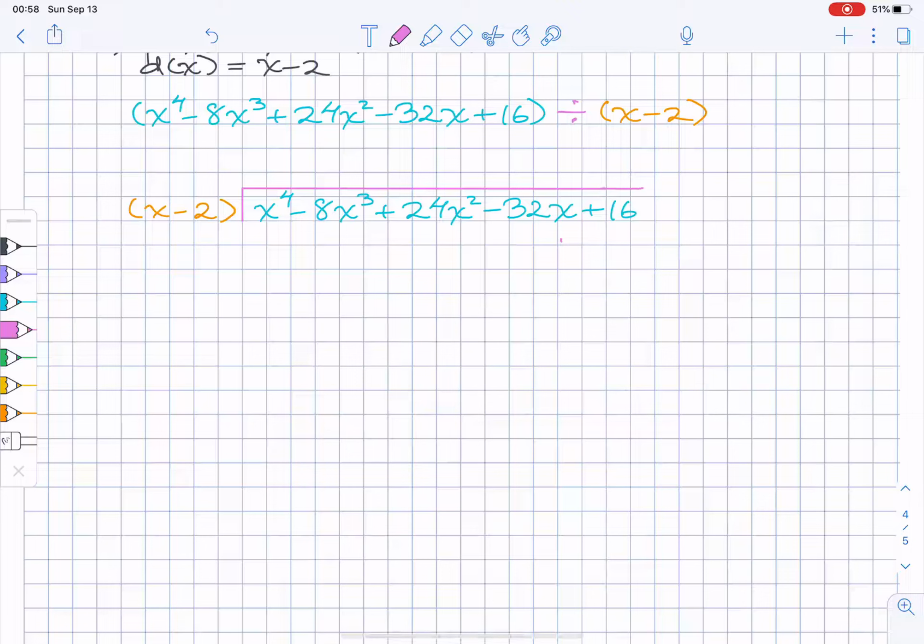Okay, so we know how to start this. Polynomial long division. What do I multiply x by in order to get x to the 4th? I claim that's x cubed. So now I'm going to multiply x cubed by each term of the divisor, which gives me x to the 4th minus 2x cubed, which I am then going to subtract from the line above.